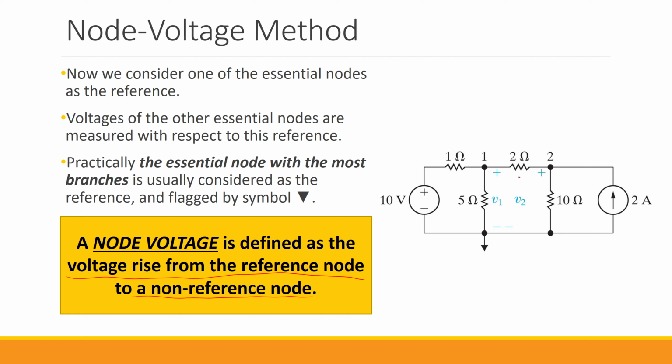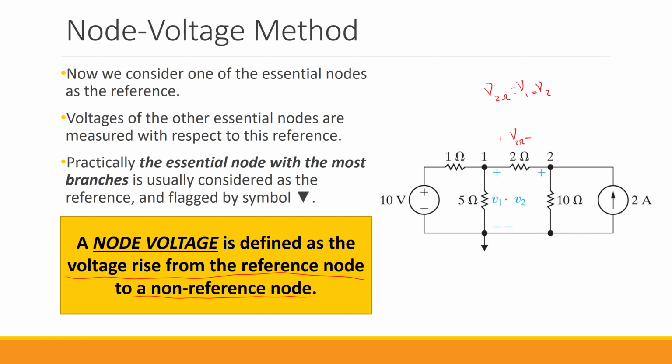So if we want to find the voltage across this 2 ohm, we can assign a polarity, something like this. Let's just call this V2 ohm, and V2 ohm equals, given the polarity, V1 minus V2.